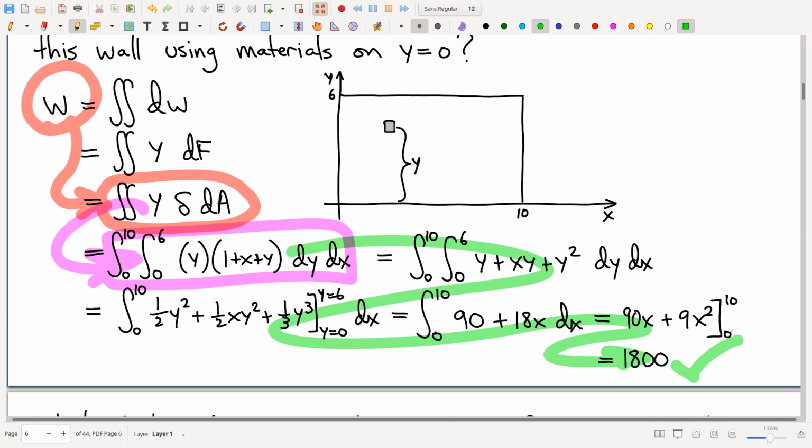Yeah. So how did you know you had to split up the really small dW into y and dF? Why not the other way around? Well, you have to think about what tools you have at your disposal at each stage along the line. Could I have written work immediately as work per unit area times area? I wasn't given work per unit area, so I can't do that. In theory, if I had been given such a formula, I suppose I could, but I wasn't.